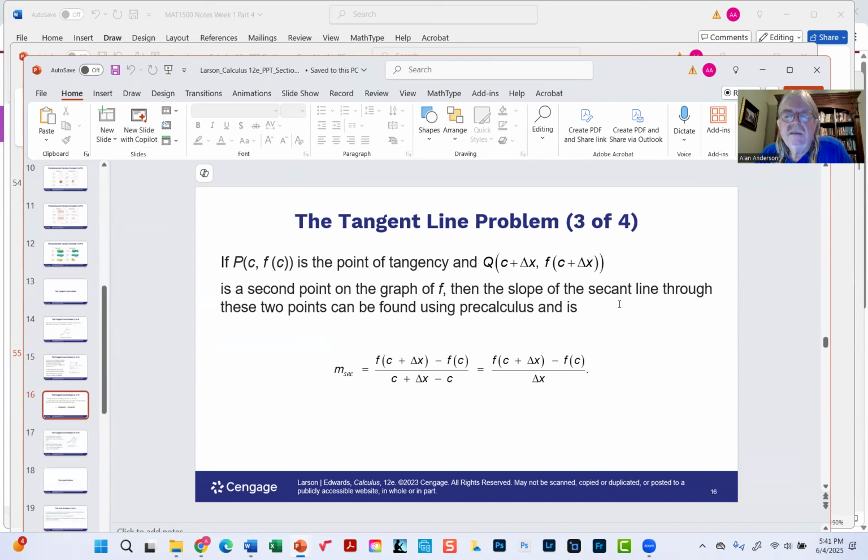Now, what they're showing us here is based on this diagram.